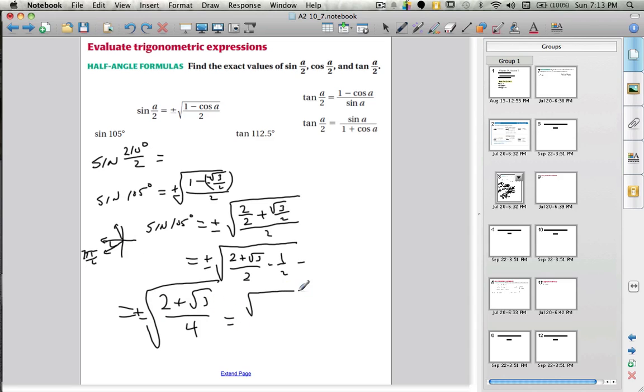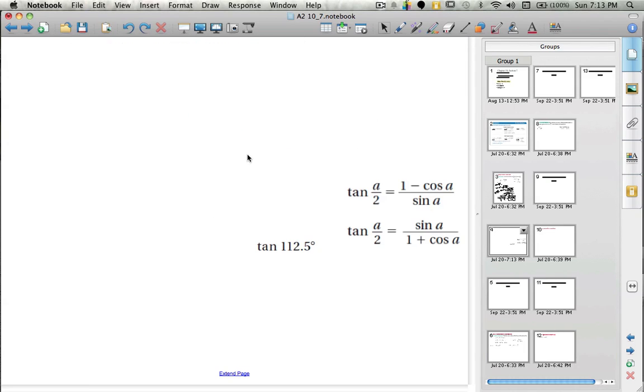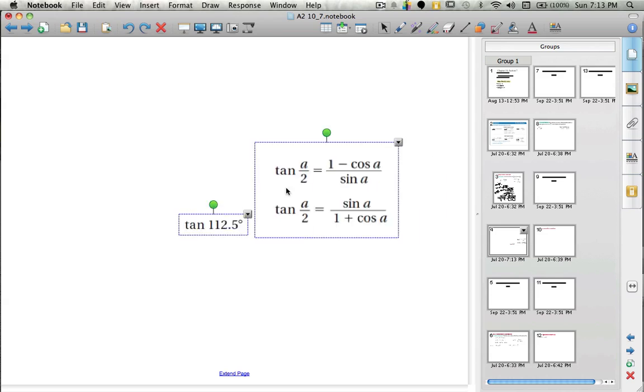So this is the square root of 2 plus root 3 over 2, and it's going to be positive. So this would be my answer. Okay, I didn't have enough room to put this work on the same page, so let me copy that and paste it on here.